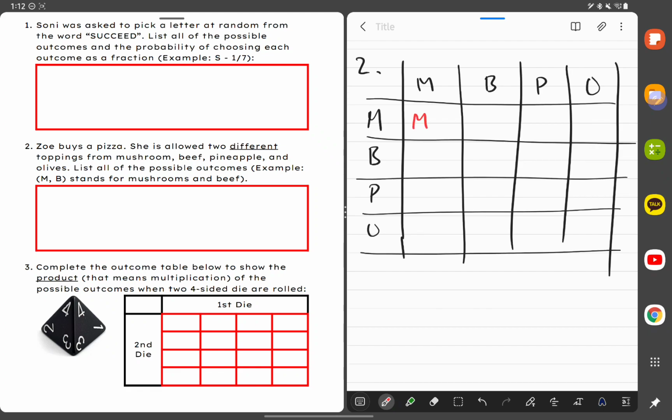Now, I'm going to fill this table in first, and then we'll talk about it. Actually, no, I might talk about a little bit of it now. Okay, I'm going to write MB here. I'm not going to write BM, because MB and BM is the same thing. Beef and mushrooms and beef, that's the same thing. So I'm just gonna default to MB.